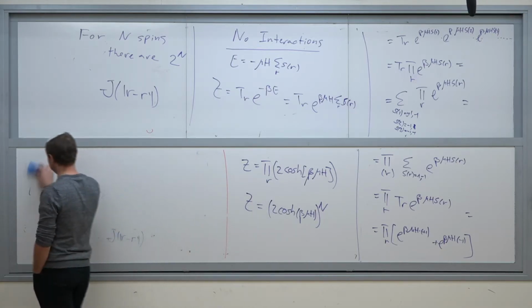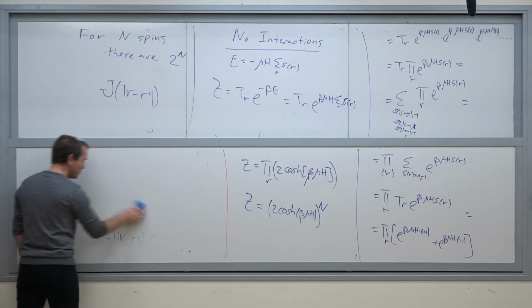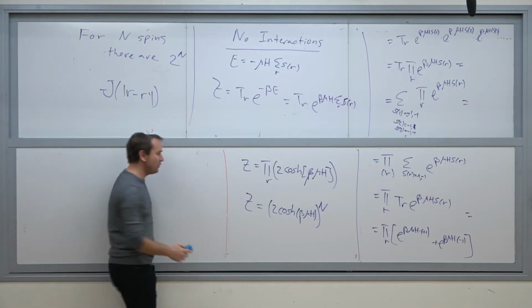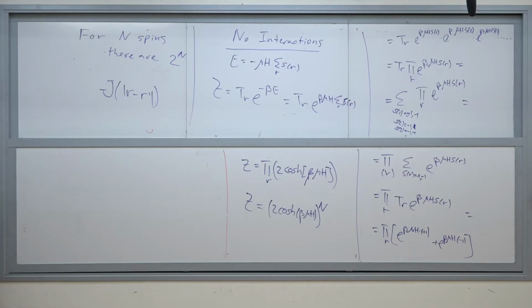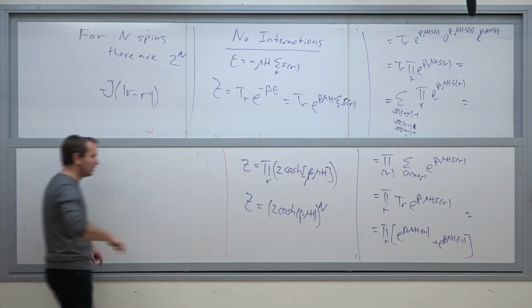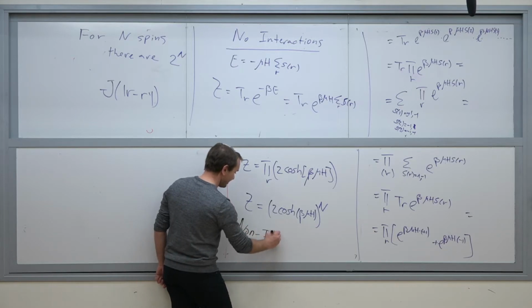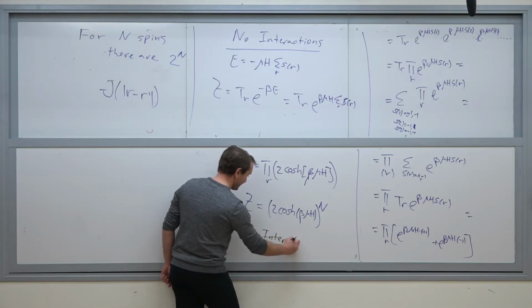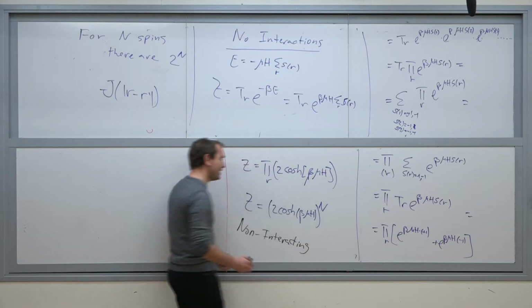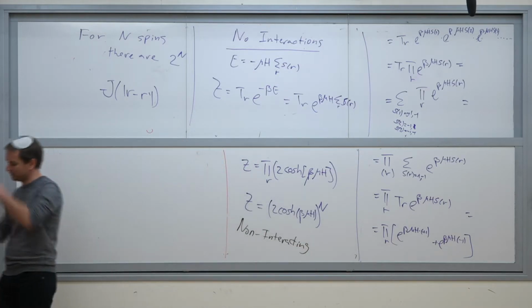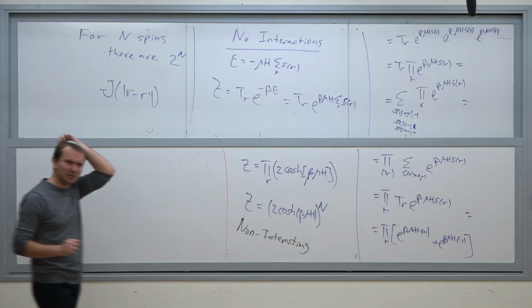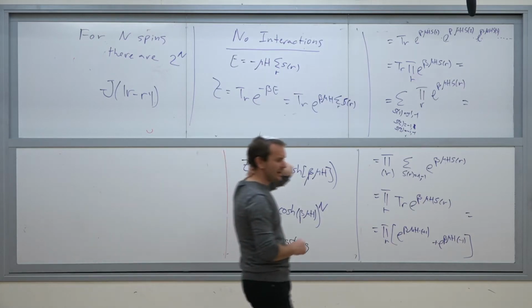How does it help us? What do we need to compute? So we know, for the non-interacting case, what the partition function is. Now, what is our observable? Our observable was the net magnetization.